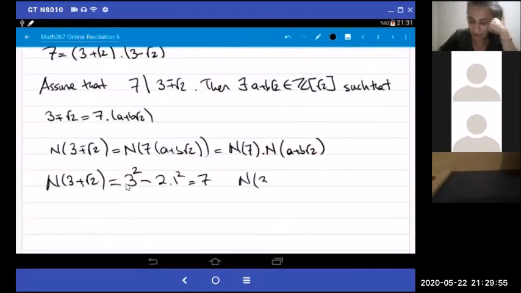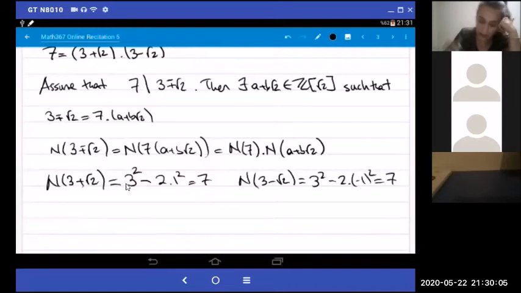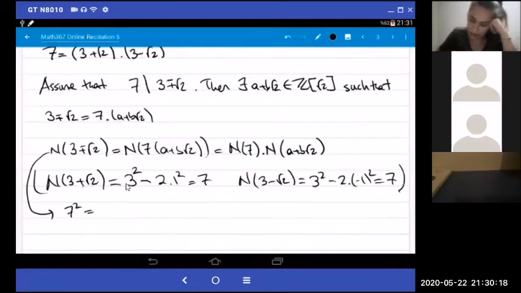And if you do the same thing with this minus term, this is also 7. 3 squared minus 2 times minus 1 squared, this is also 7. So let me put this one into parentheses. Now this equality becomes 7 squared is equal to... I'm doing something wrong. No, not 7 squared.